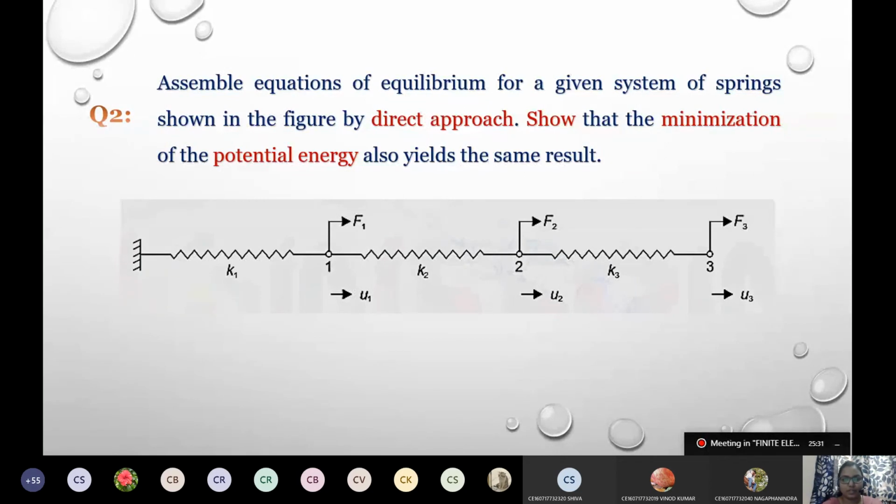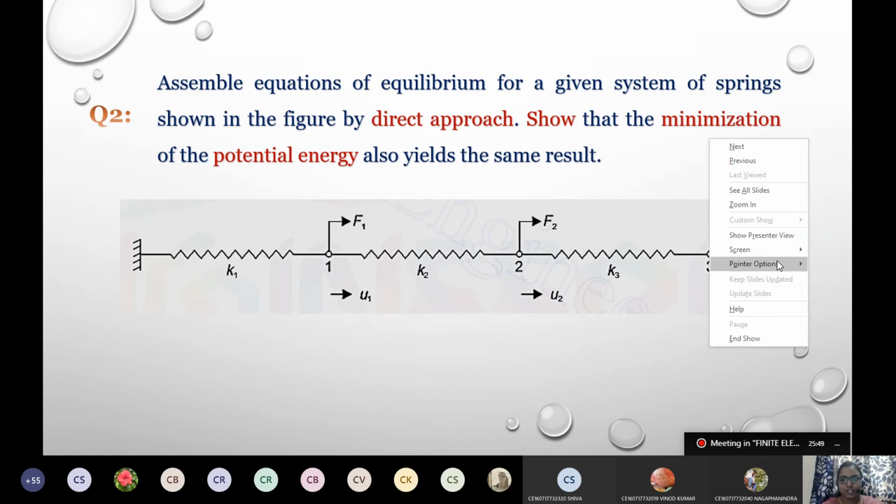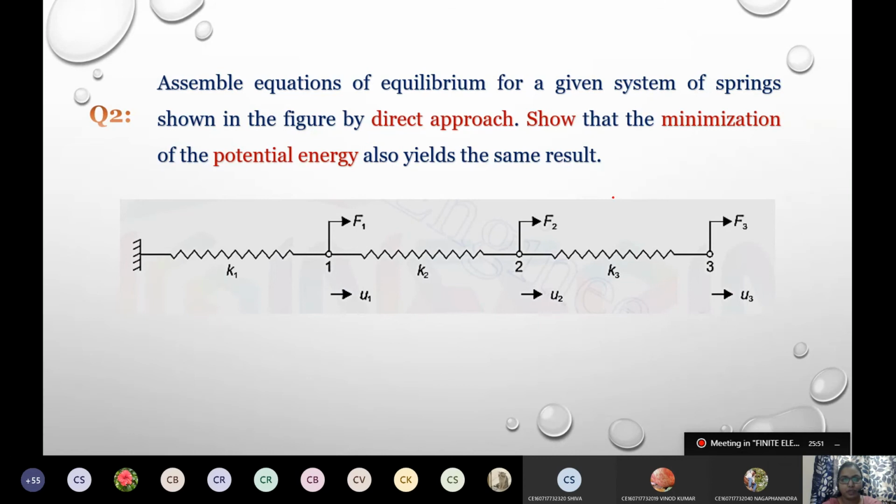This question is very much similar to what we have solved in the previous class. Assemble equations of equilibrium for the given system of springs shown in the figure by direct approach. Show that the minimization of potential energy yields the same results.